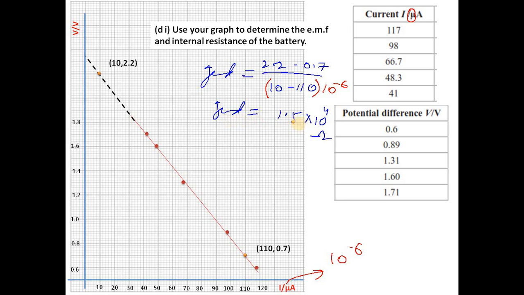This is the gradient of the graph, and of course it will be a negative value because of the negative gradient. So gradient is equal to minus R. That means minus 1.5 times 10 to the power 4 ohm equals minus R. The minus signs cancel, so the internal resistance is 1.5 times 10 to the power 4 ohm.